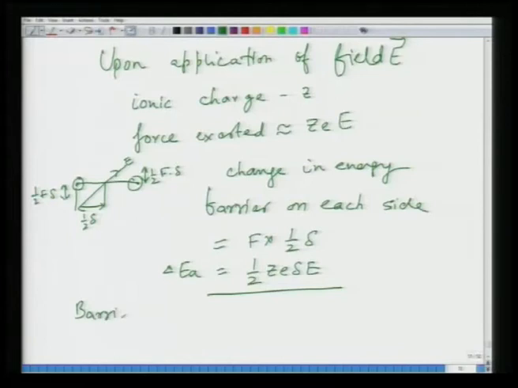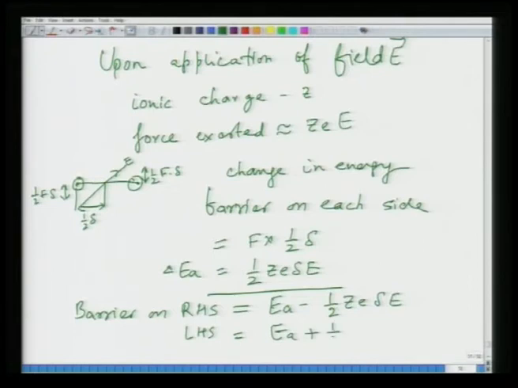Of course, the barrier on the right hand side would be EA minus half of ZeEδ, and on the left hand side it would be EA plus half of ZeEδ. Now we will look at the probability of movement on each side.